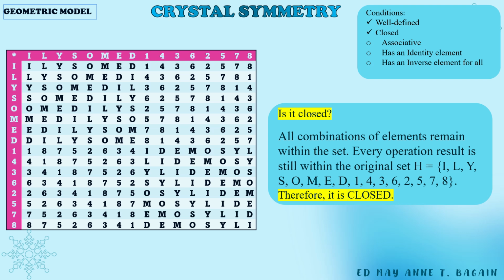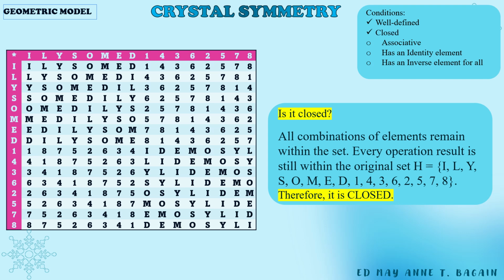This ensures the operation never produces something outside the set or undefined, meaning all the combinations in the operation table we created, where each cell shows the result of combining 2 elements, came from the original set H. So yes, it is closed.